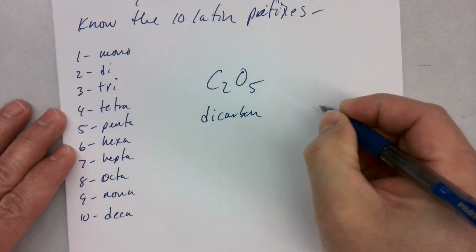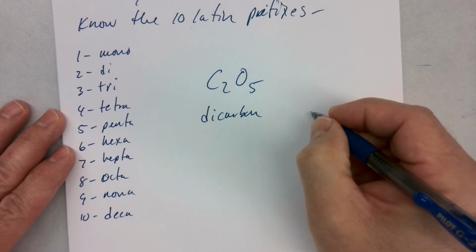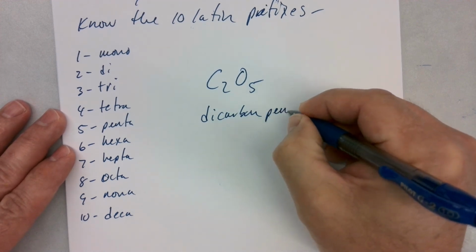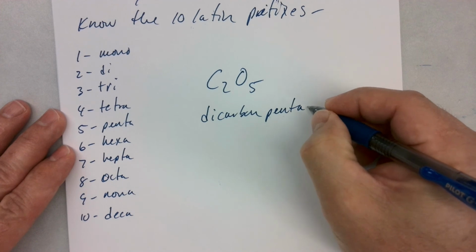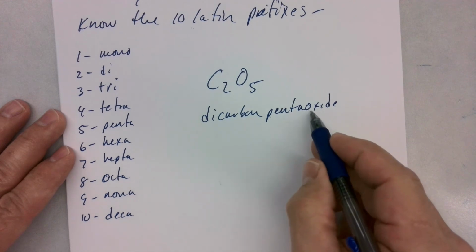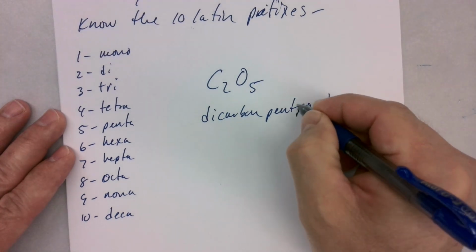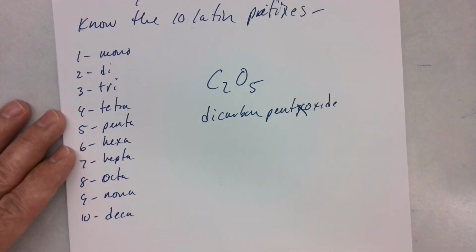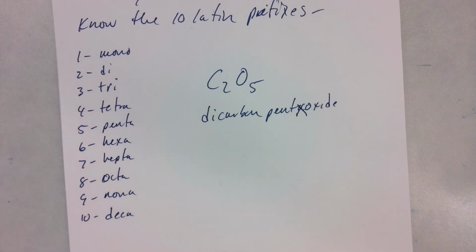Dicarbon... is it pentaoxide? It's just pentoxide. Anytime these are a double vowel, you eliminate that. So if it was 8, it would be octoxide, yeah. Exactly. You just eliminate that double vowel.